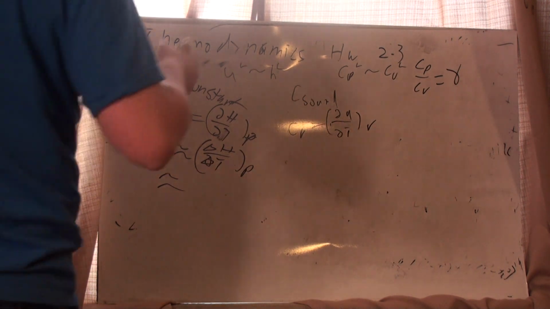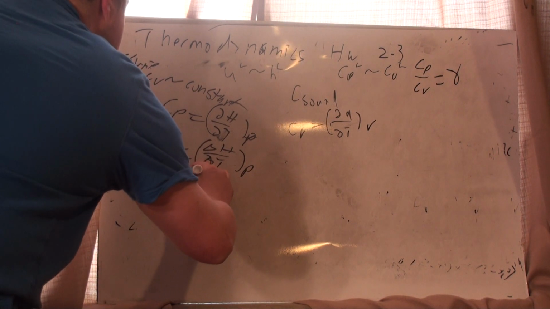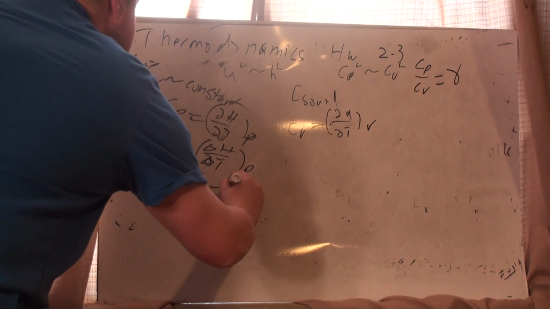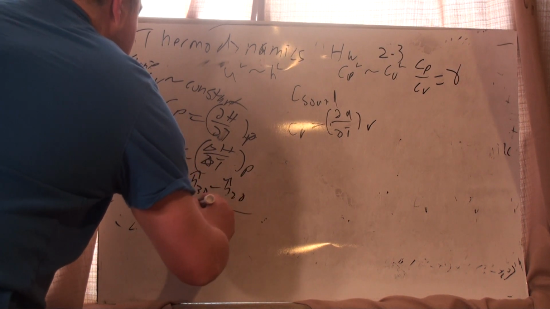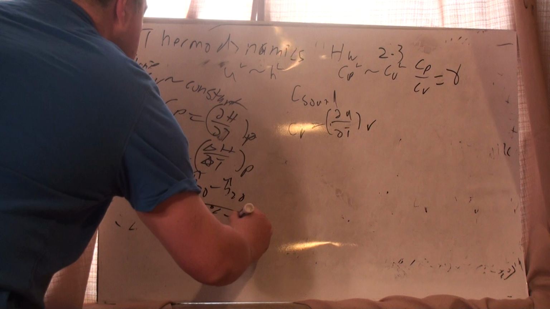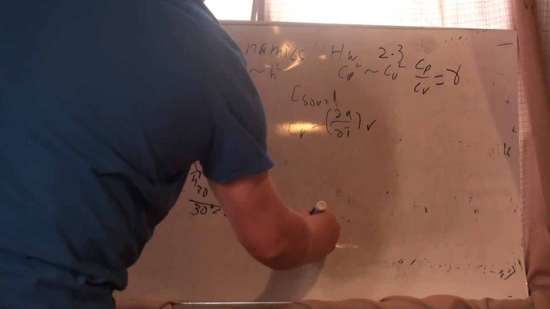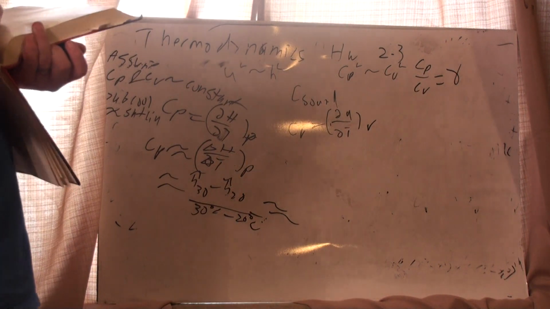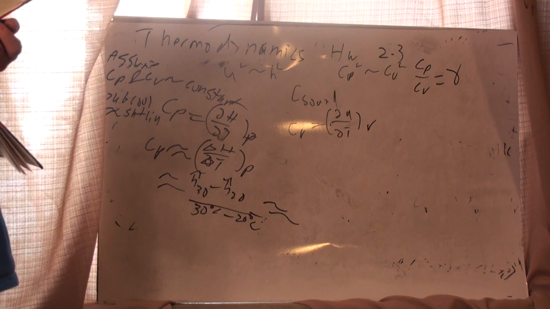So really we want the enthalpy at 30 degrees Celsius minus the enthalpy at 20 degrees Celsius. And that should give us approximately our heat capacity. So if we go there, we have 20 and 30.